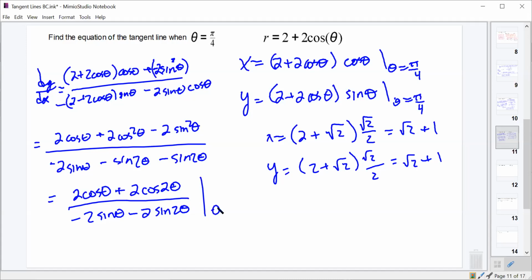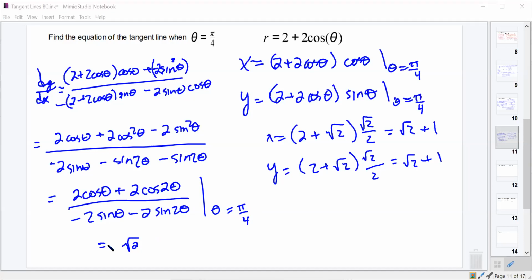So let's evaluate this now at theta equals pi over 4. So we got 2 cosine pi over 4, which is 2 root 2 over 2, or just root 2. And then plus the cosine of pi over 2. What's the cosine of pi over 2? Should just be 0, right?